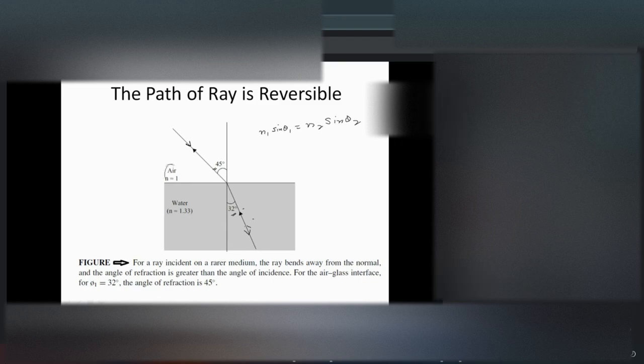We are not changing N1 and N2, we are keeping them the same. First we have 45 degrees, and we find what this is, and then I fix this, so these should remain equal when we fix these two.